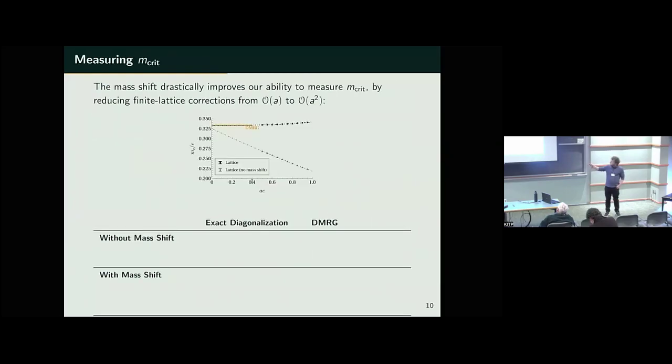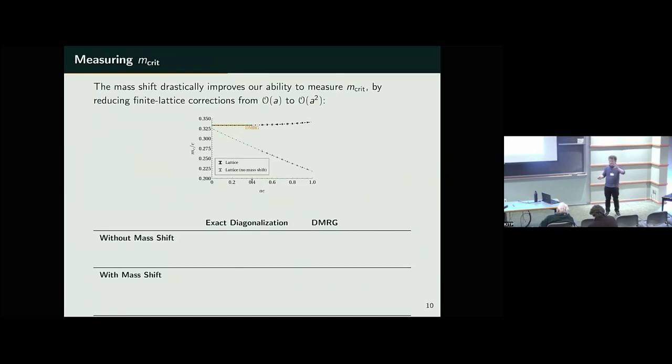And so what we see here, this is from our first paper on this mass shift, and we said, okay, well, there was this measurement of roughly this 0.3 or so value from a ways back without using the mass shift, and you can see as you take the lattice spacing to 0, it's converging linearly in the lattice spacing.